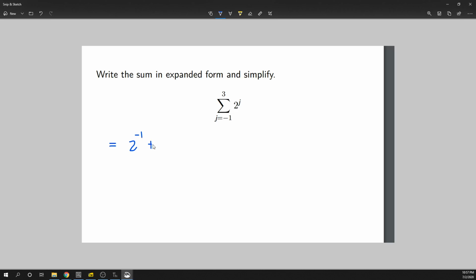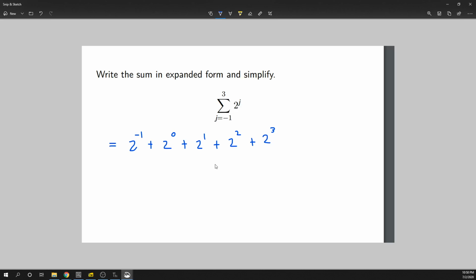I plug that in and then put a plus. Increase to 0, plug that in. Put a plus. Increase the index variable to 1 and plug that in. So that would be 2 to the 1. Put a plus. Increase the index variable to 2. Plug that in. Put a 2. All right, and then increase the index variable to 3. That is the stopping number, right? So this is going to be the last term in the sum. So I get 2 to the 3rd, just like that.